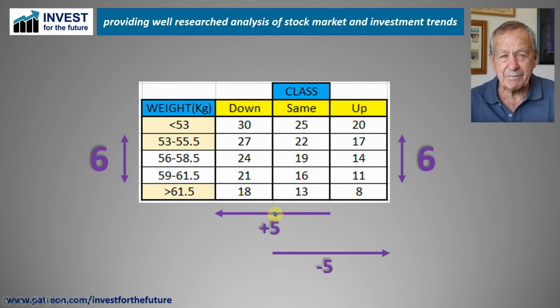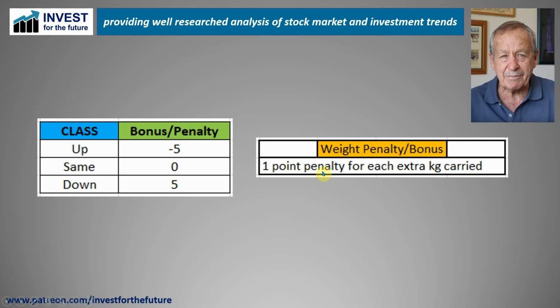Looking at the numbers up and down here, if you had 53 kilograms you were getting 27 points, but at 59 kilograms you're only getting 21. That's a 6-point differential for a 6 kilogram difference, which means there is a 1-point penalty for each extra kilogram that you're carrying.